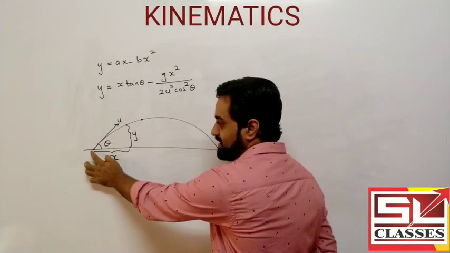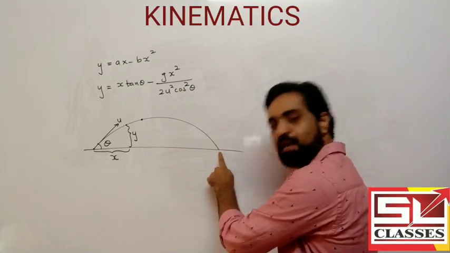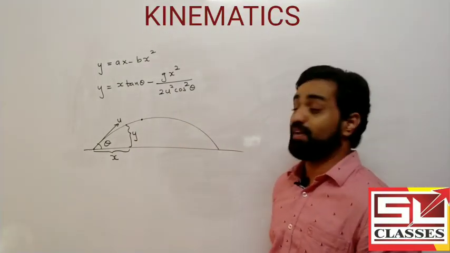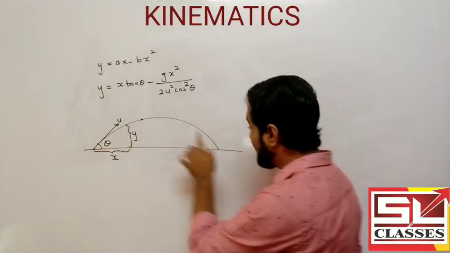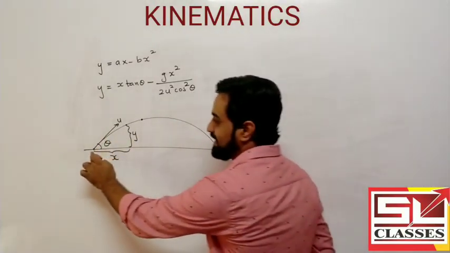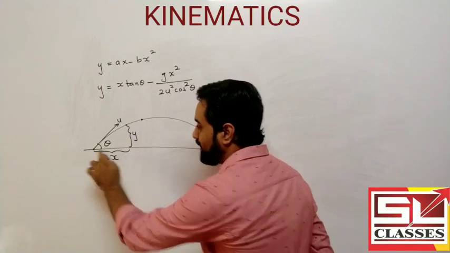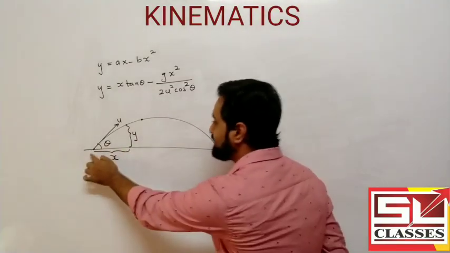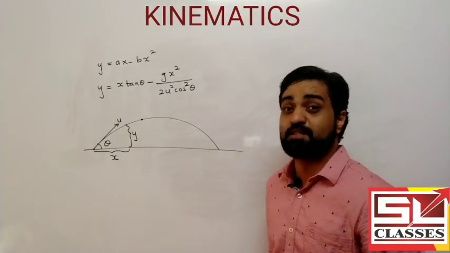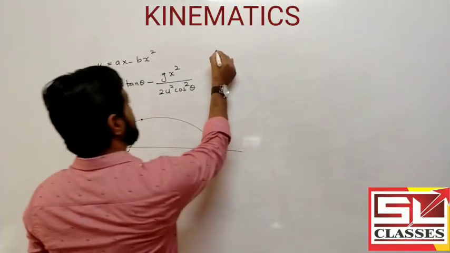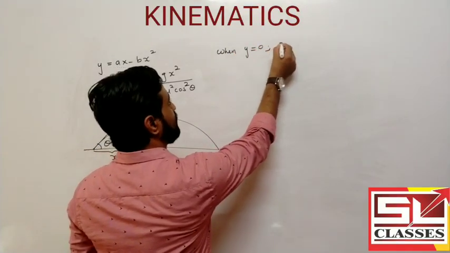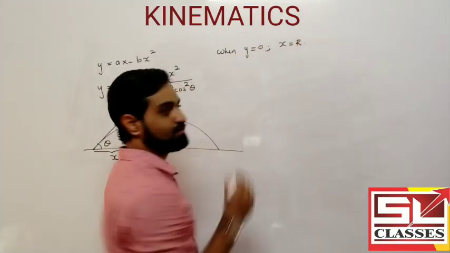When comparing this initial point and final point, the vertical displacement will be 0. If this is the ground level point, this is again the ground level point. So comparing these 2 points, vertical displacement is 0. So when y equal to 0, we can say x equal to r, right?